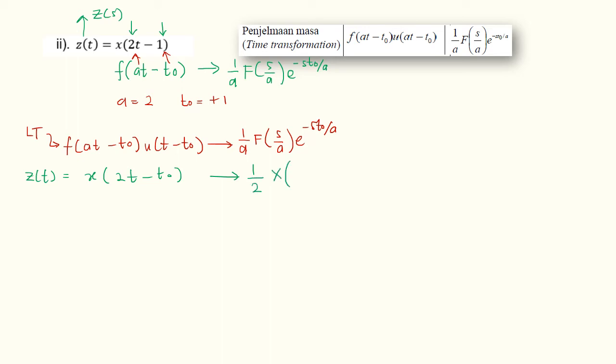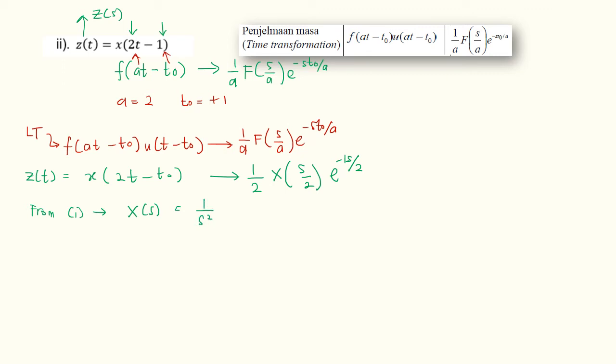So X(s divided by 2) multiplied with e to the minus s t naught, t naught equal to positive 1, so s divided by a. In this case, what is your X(s)? X(s) from question 1, you know your X(s) equal to 1 over s squared.